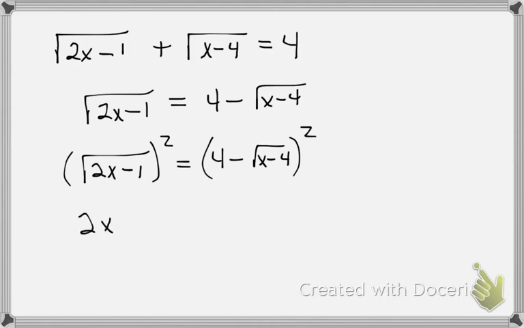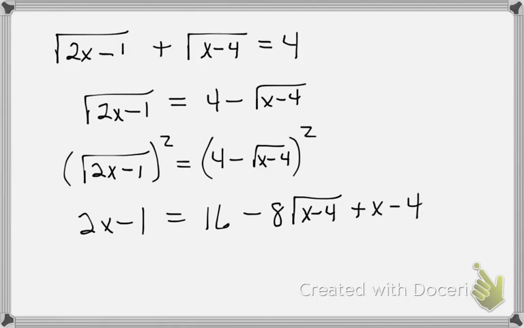2x minus 1. You did pick the low-hanging fruit. Good job. But what does it equal? 16 minus 8 square root of x minus 4 plus x minus 4.